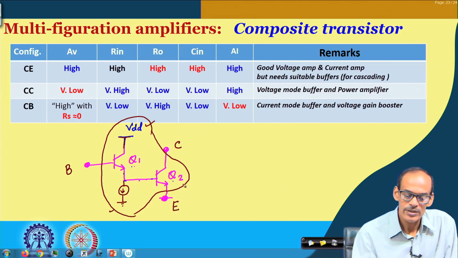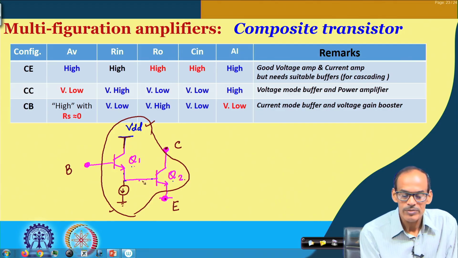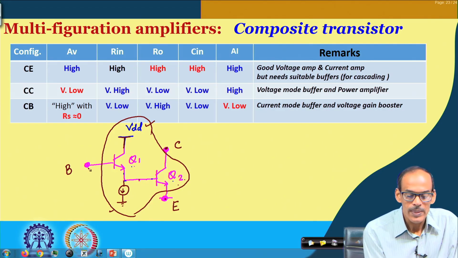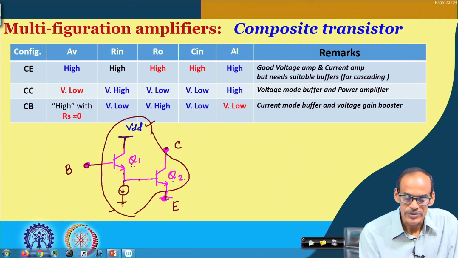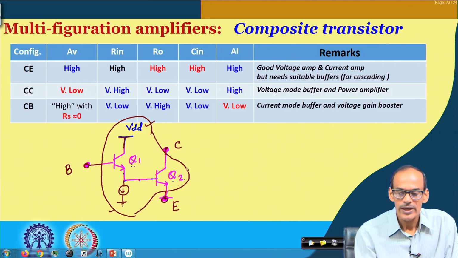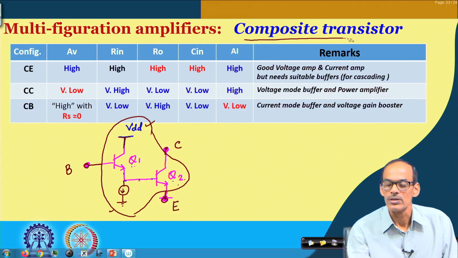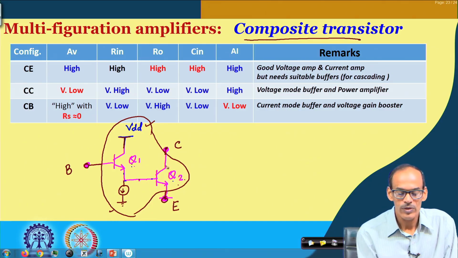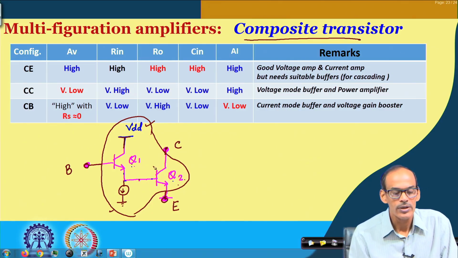Now, incidentally the collector and emitter terminals of Q2 coincide with these, but the base terminal of Q2 is not visible to the user. On the other hand, the base terminal of Q1 defines the base terminal of the complete transistor. So, we may call this a composite transistor.